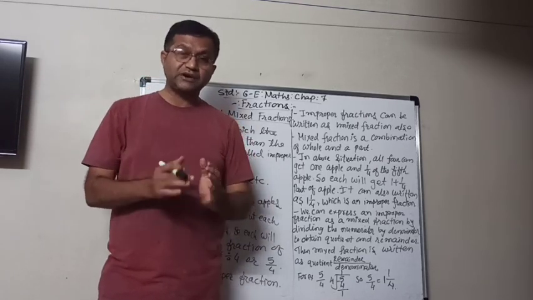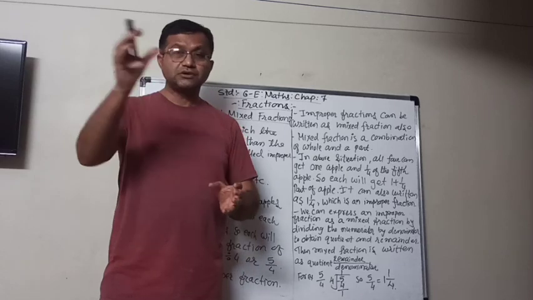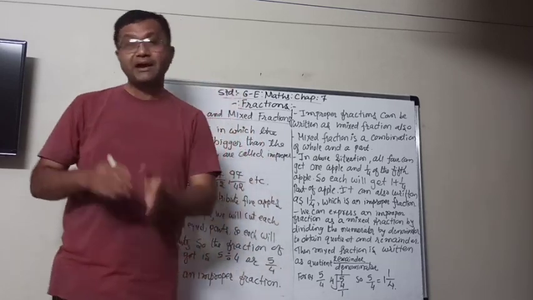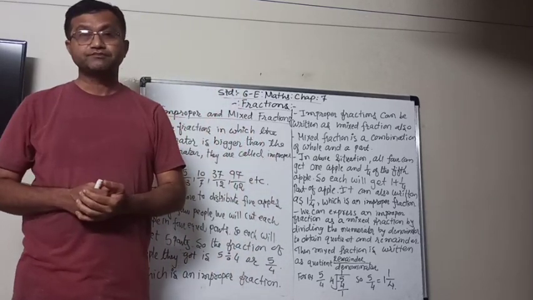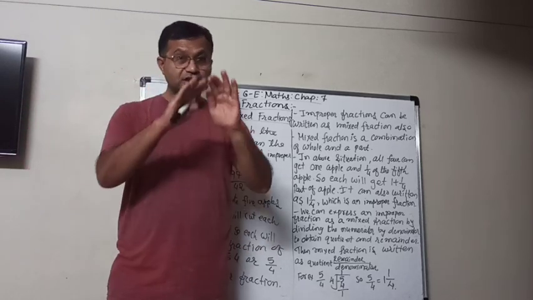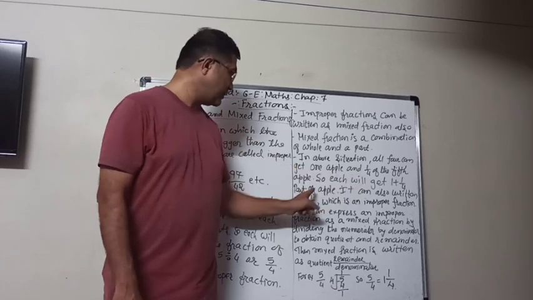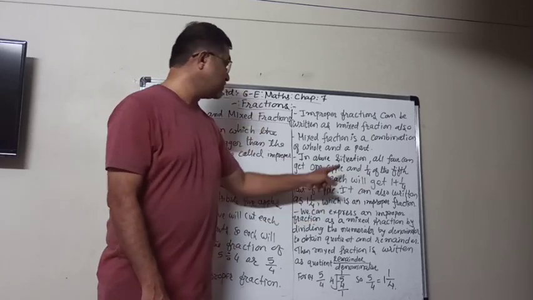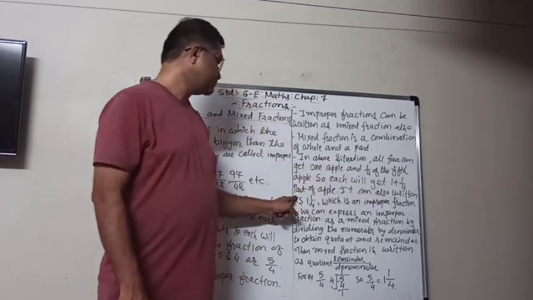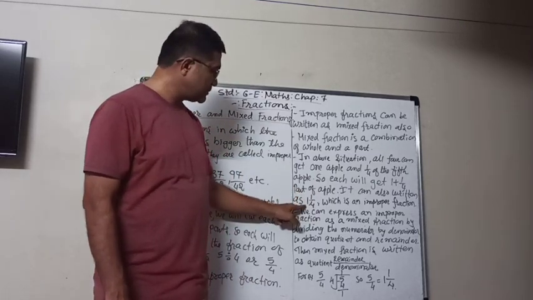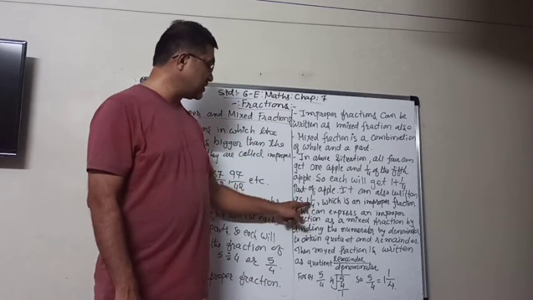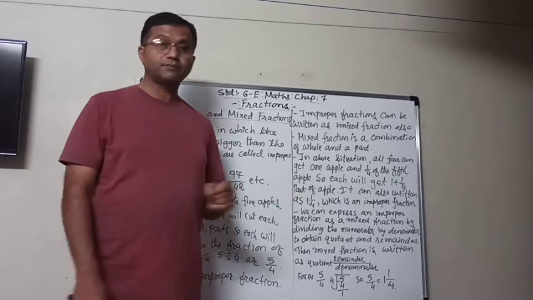A mixed fraction is a combination of a whole and its part. For example, we saw that each person gets 1 full apple and a part of an apple. So that is the combination. 1 full apple and 1/4 means 1 plus 1/4, which is also written as 1 and 1/4. It is read as 1 integer 1/4.